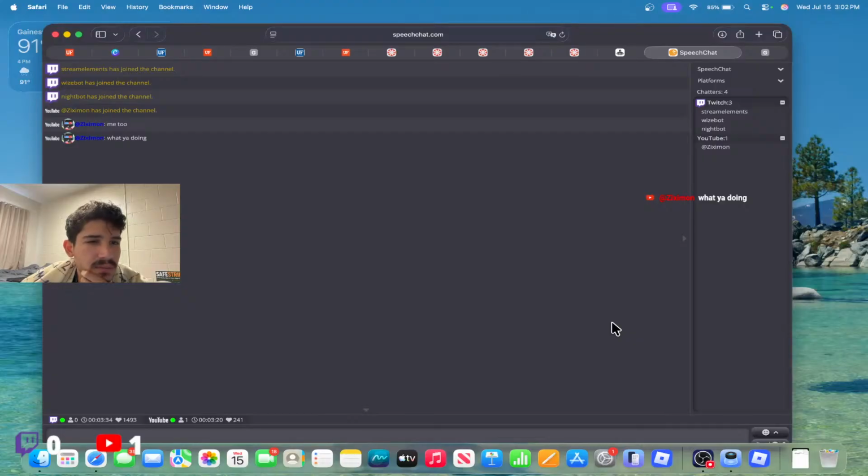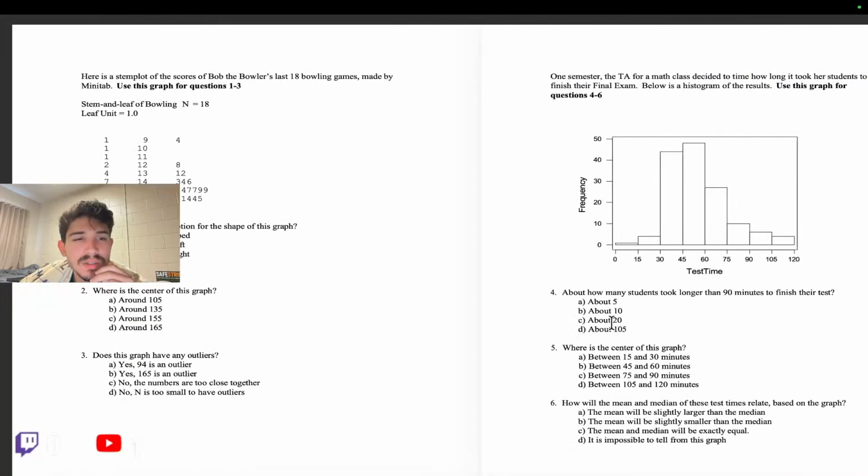Studying for a test I have today. Trying to understand how to read this. 1914. 1110. 1111.